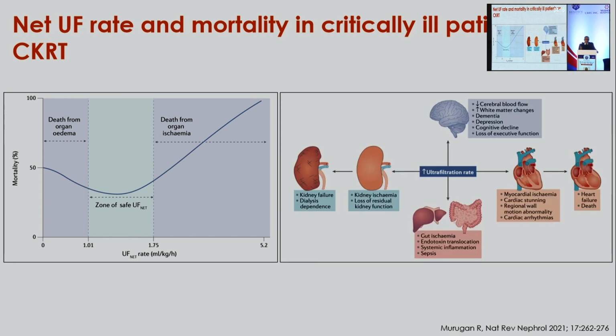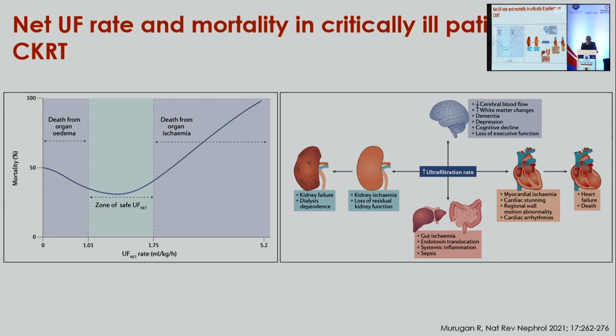And there are certain proposals as to why an increased intensity of ultrafiltration may have adverse effects. When we increase the ultrafiltration rate, we would probably be affecting the mean arterial pressure and the cardiac output, causing myocardial ischemia and myocardial stunning, which would then lead to heart failure. There would be a decrease in cerebral blood flow, increase in white matter changes, cognitive decline, and loss of executive function at the cerebral level.